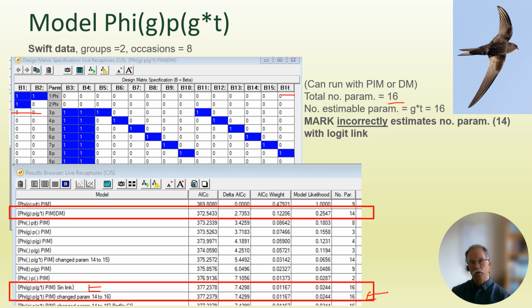So that just shows you that when using the sin link, you can sometimes get better estimates of parameter number than with the logit link. Not always going to happen, but it can. And so it's just important to make sure that the number of parameters is estimated correctly.